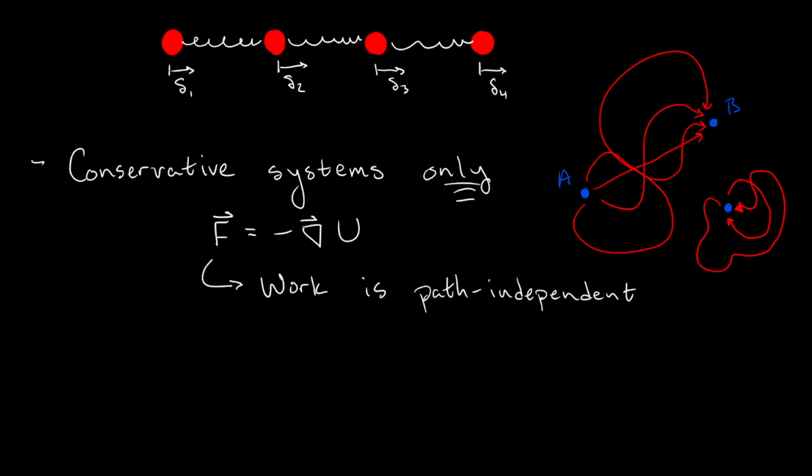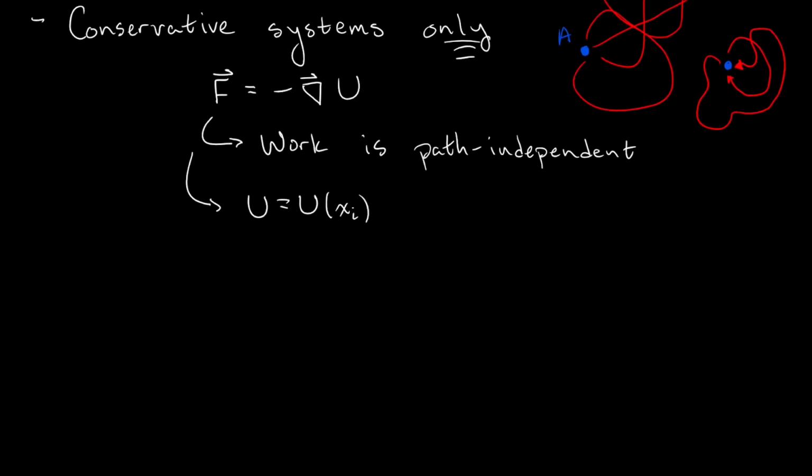Something that's a little bit more obscure is that for a conservative force, our potential energy can only be a function of our position variables. So why is that? Say it isn't.